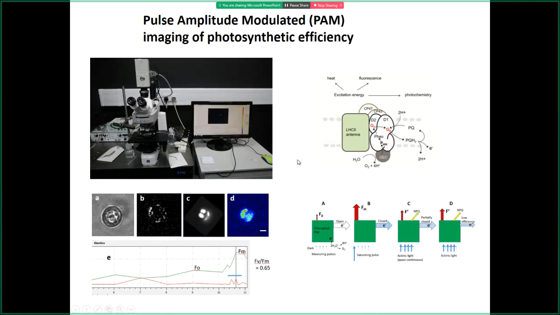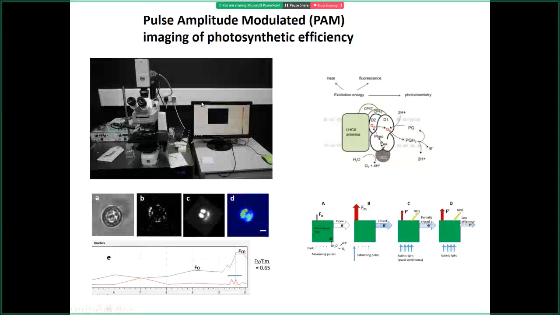So pulse amplitude modulated fluorescence imaging and fluorimetry is a very sophisticated way of measuring changes in chlorophyll fluorescence, which we can relate to the electron transport processes in photosynthesis.